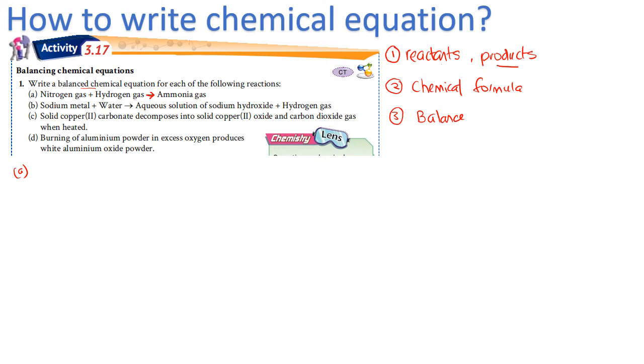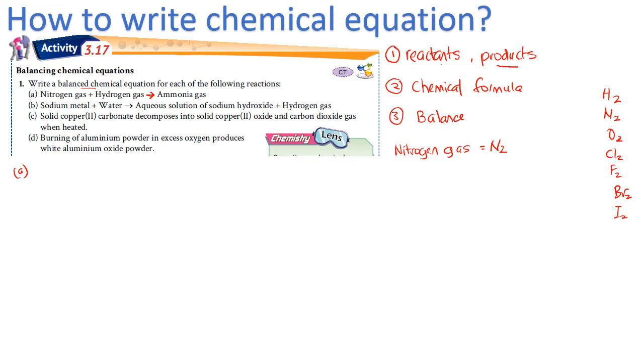For example, nitrogen gas. What is the chemical formula of nitrogen gas? It is N2. Some gases you need to write as diatomic, like hydrogen, nitrogen, oxygen, chlorine, fluorine, bromine, iodine.